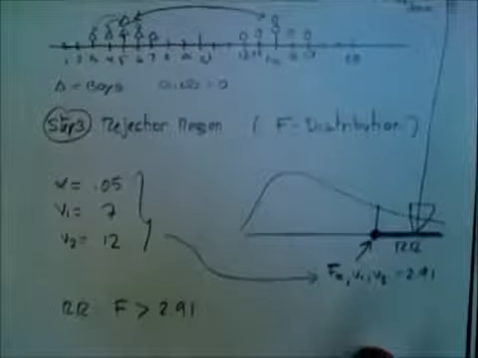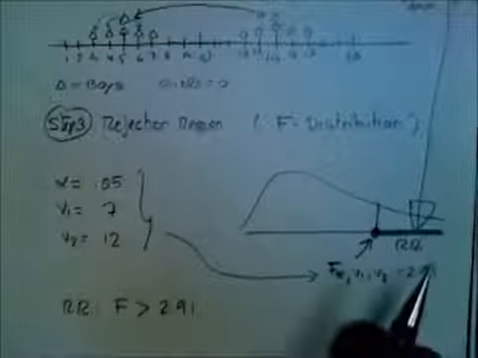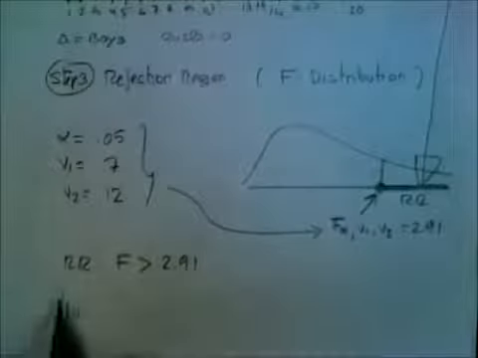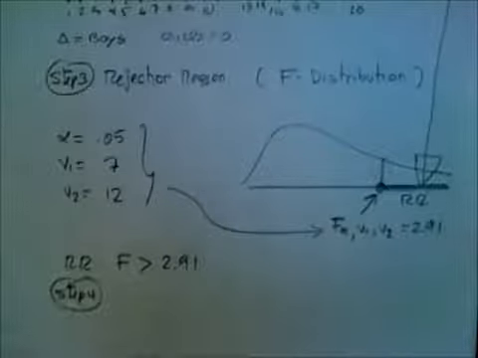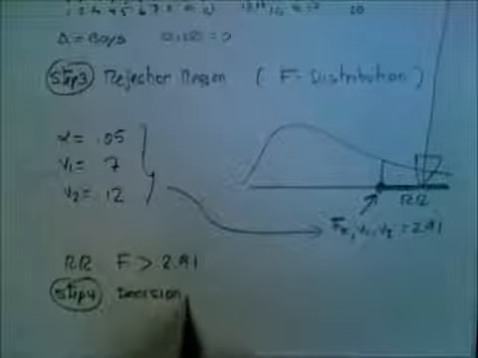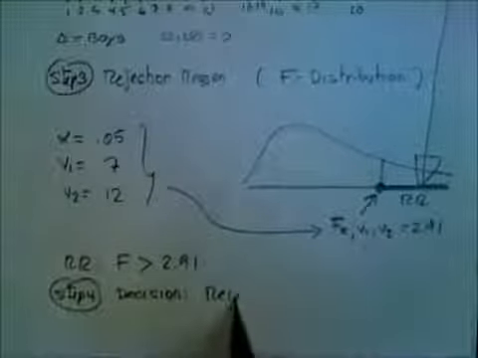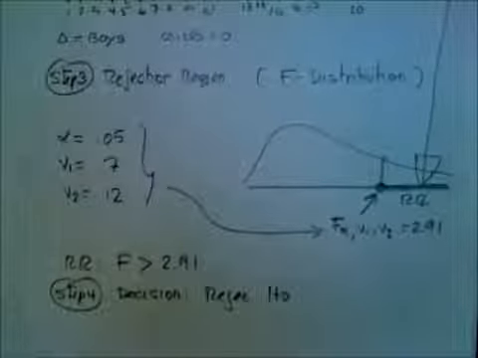So if the test statistic was in fact 7.4 and this was our rejection region, then we would make our decision in step number 4, and the decision is going to be to reject H0. We reject H0 because the test statistic falls in the rejection region.